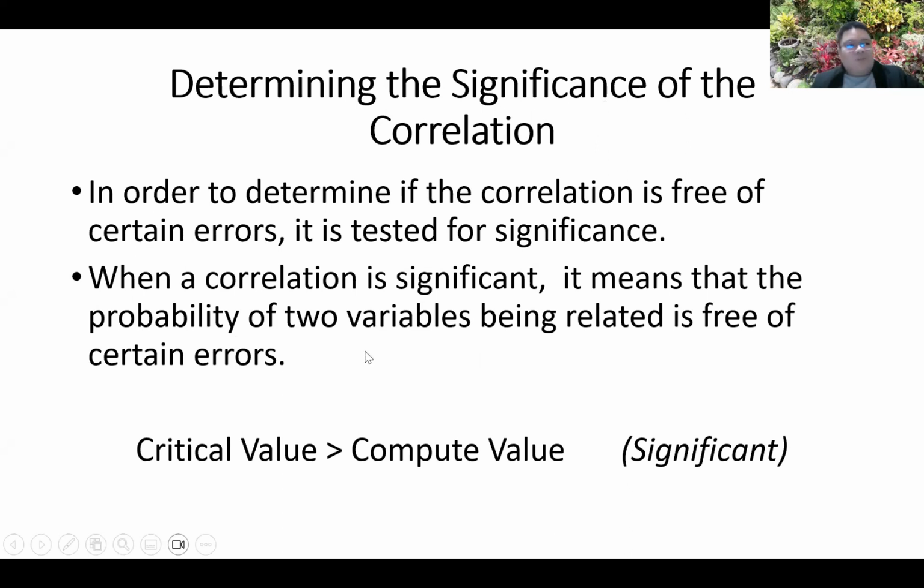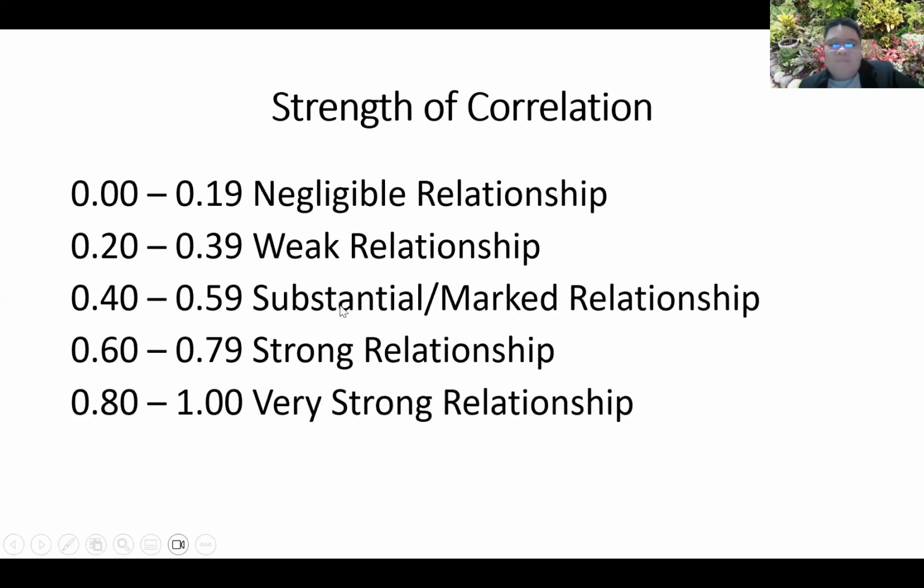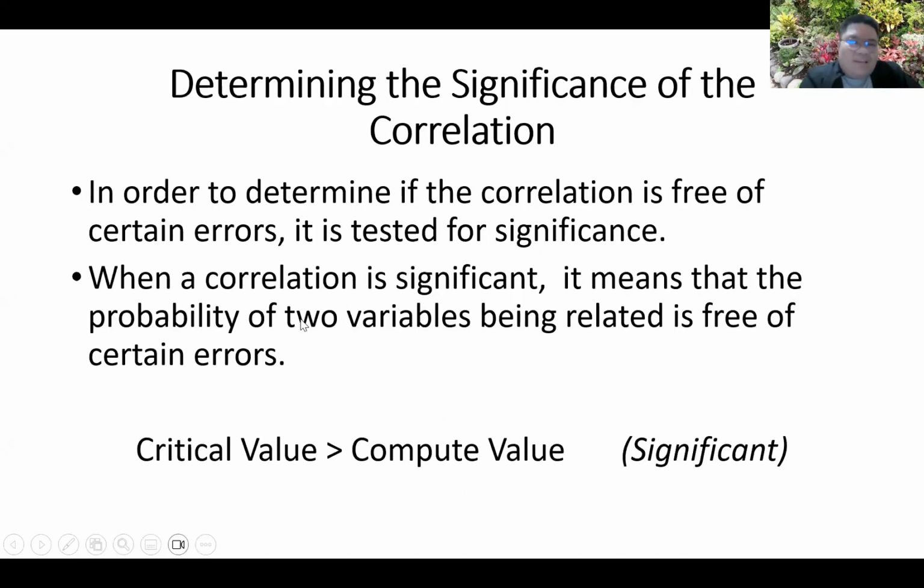Plus, in statistics, we do not content ourselves by just saying, ay, sir, weak relationship, ay, substantial relationship, ay, very strong relationship. So, class, need nating alamin yung significance ng correlation. And to determine if the correlation is free of certain errors, we test for significance.